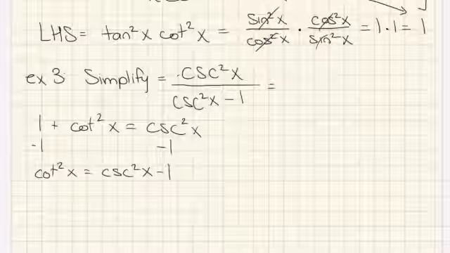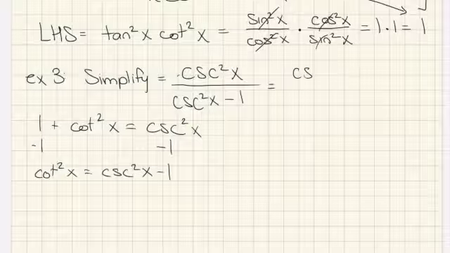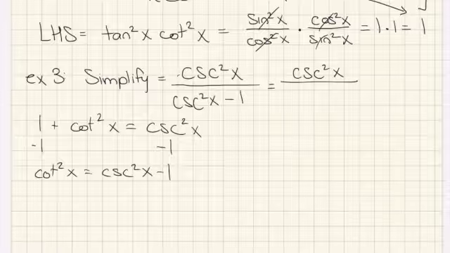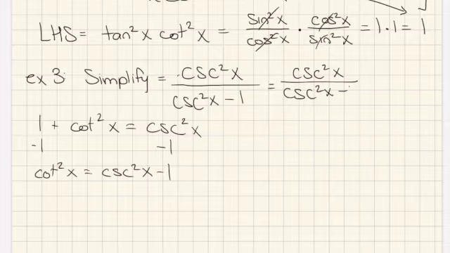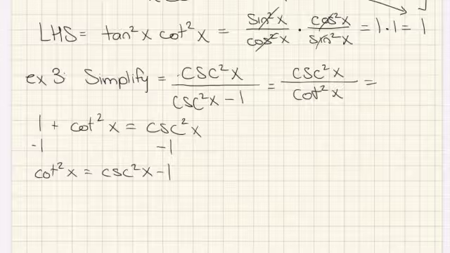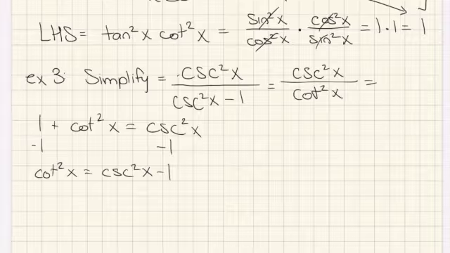And now, since we've done this, we are able to put cotangent in place for our denominator. So moving forward, our new equation is cosecant squared of x all over cosecant squared of x minus 1. Oh, it is not cosecant squared of x minus 1 anymore. It is now cotangent squared of x.